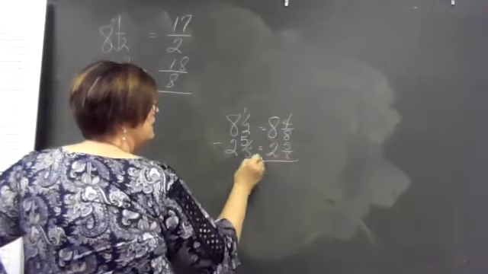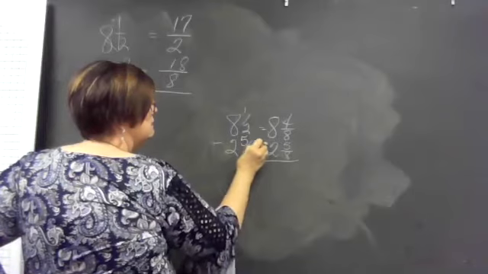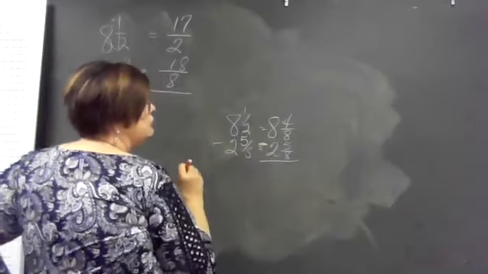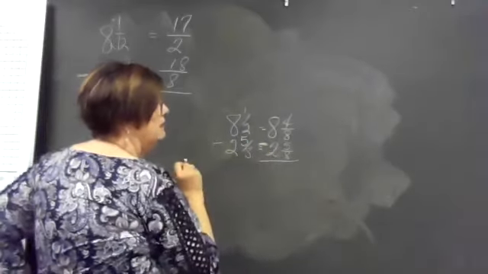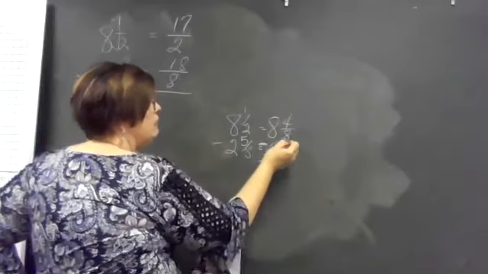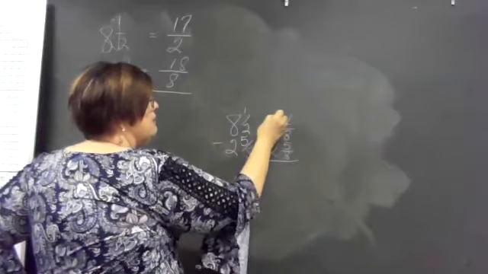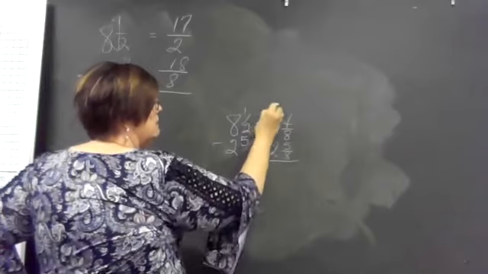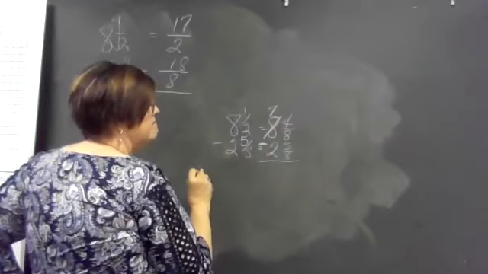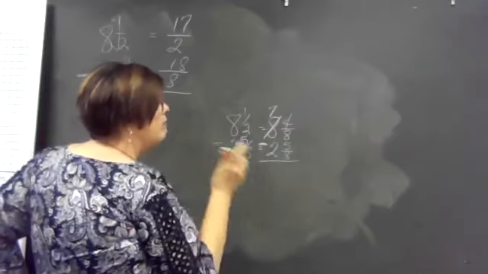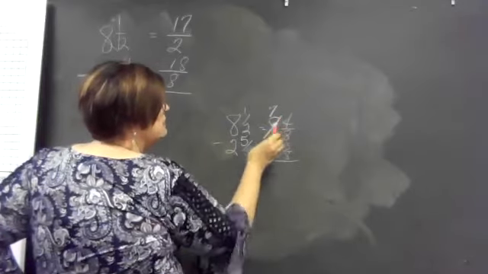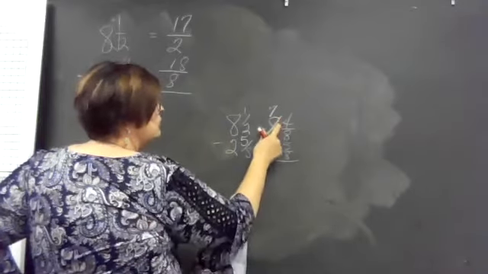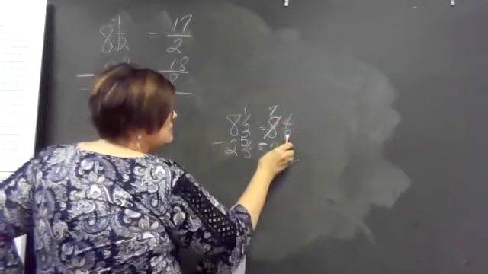All right? Yes. And I'm subtracting. So I look here and I say, oh, I can't take 5 away from 4. So I'm going to have to borrow from this 7, right? Yes. Okay. But when I borrow, I can't just put a 10 here. That doesn't work. These are 8ths.